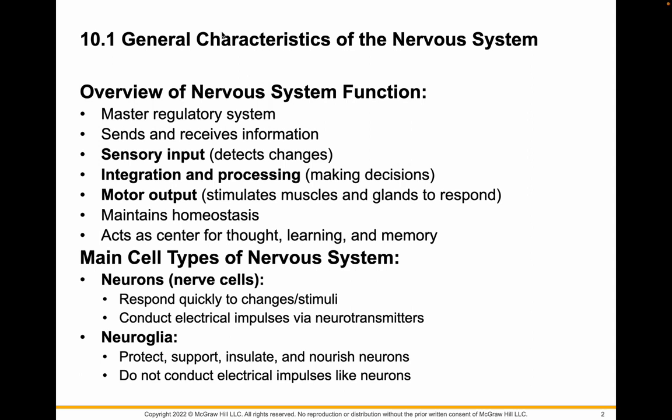So, just an overview of the nervous system. It is the master regulatory system. I mean, it controls pretty much everything else. It sends and receives information. It takes in what's called sensory input from the environment, whether that be internal or external. It integrates and processes to determine what to do with that information that was just brought in.